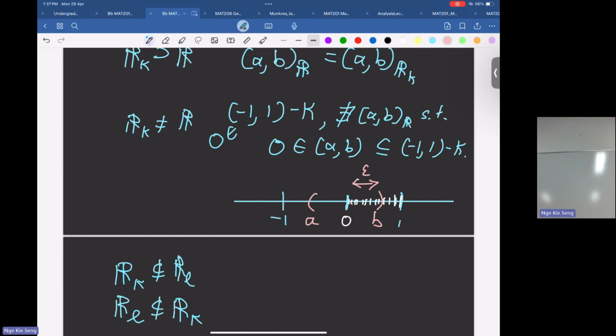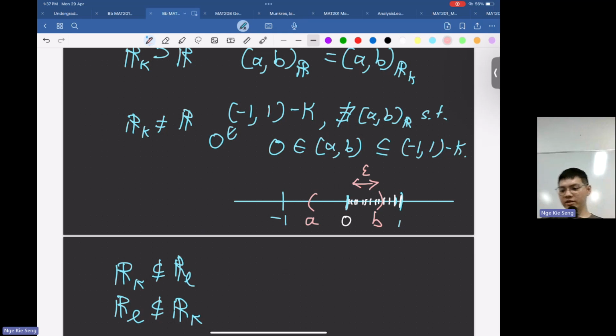It contains something that's not in the original. It's not that 0 is not inside (a, b); it's that (a, b) is not inside the subset (-1, 1) minus K, right? You can have (a, b) containing 0, but (a, b) is not contained in it, because you always contain some 1 over n, which is not in this. Does it make sense?